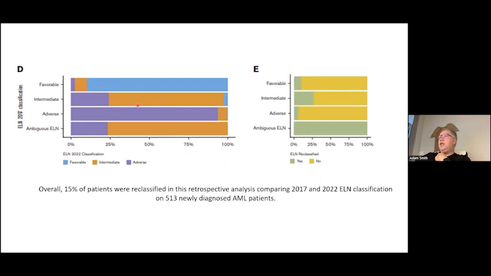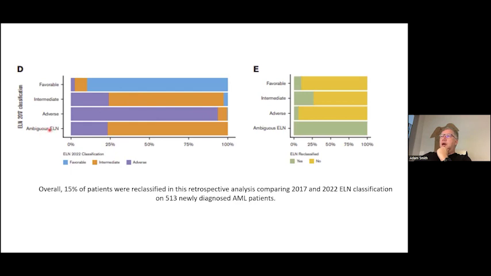A lot of the intermediates remained intermediates, although there's a fairly significant proportion that were classified up to adverse, and a lot of this has to do with the inclusion of the mutations, which is very consistent with what we saw in our data. And again, very few were downgraded from adverse based on the new classification.